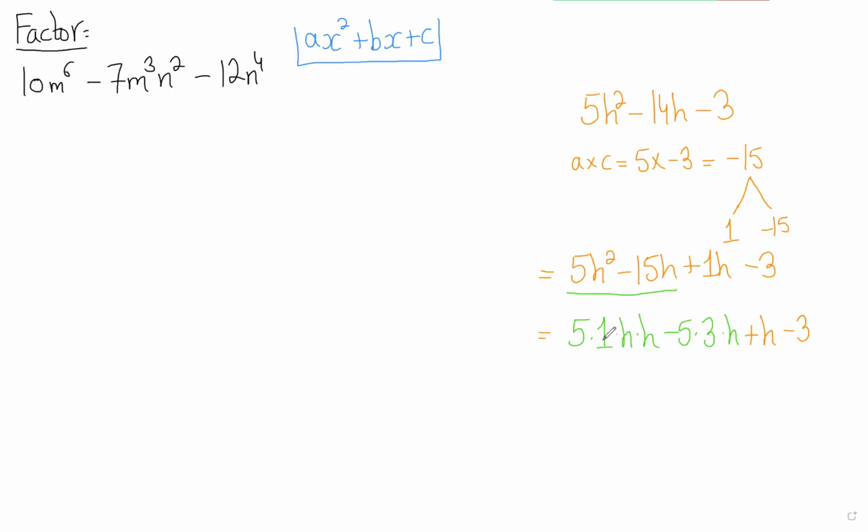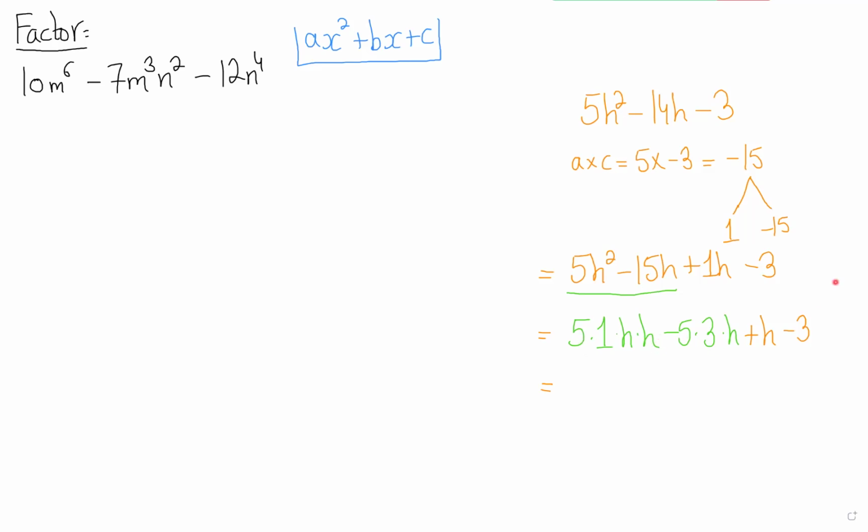Now, what I want to do is start my factorization process. Let's see what's common between my first two green terms. What's common between them is this 5 here. I have a 5 here, I have a 5 here. I have an h here, I also have an h here. So what's common between these two terms is 5h.